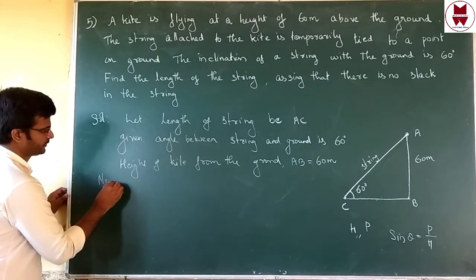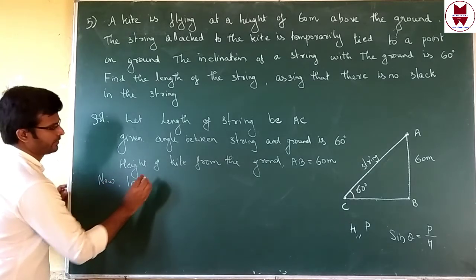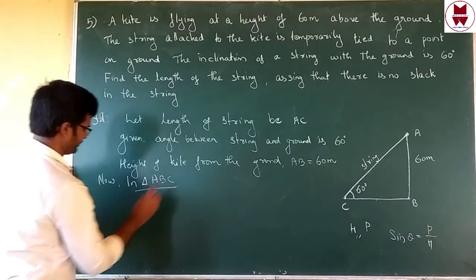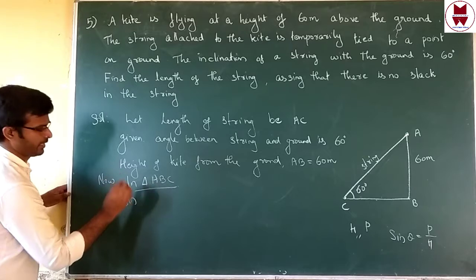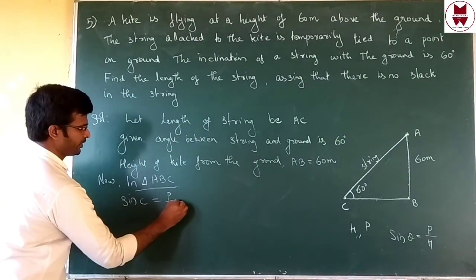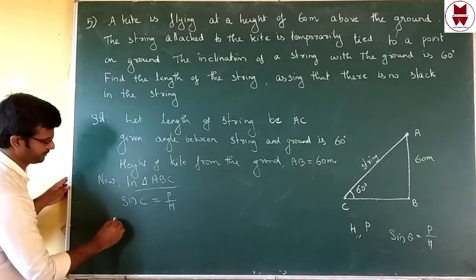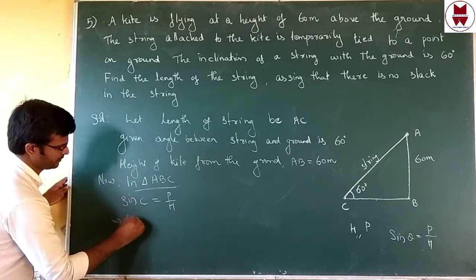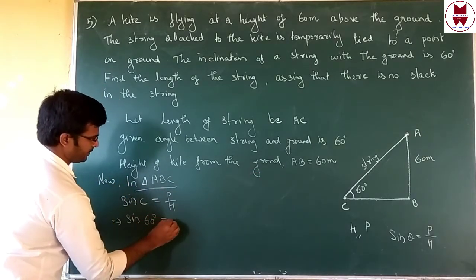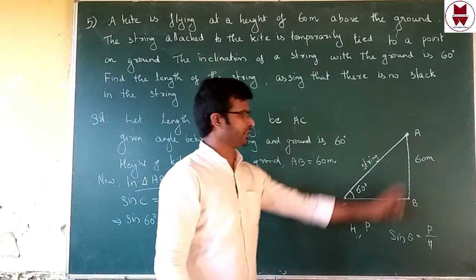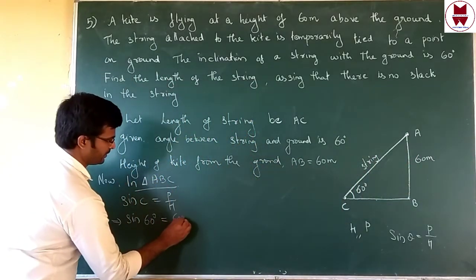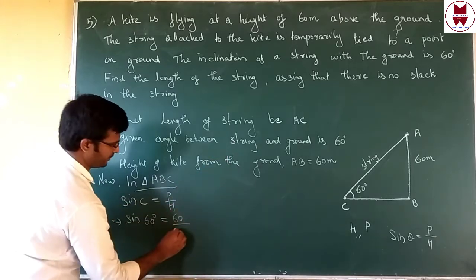Now in this triangle ABC, the angle is C. Sine C equal to perpendicular by hypotenuse. Sine C means 60 degree equal to perpendicular, already given, that is AB. We can write this 60 meter. 60 divided by hypotenuse AC.